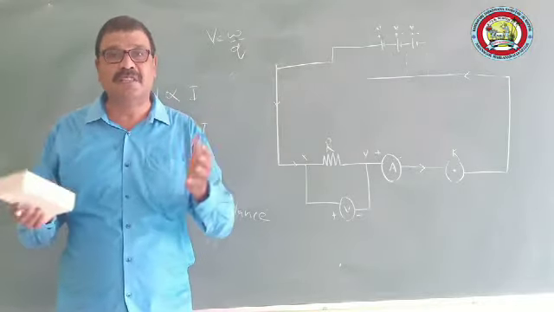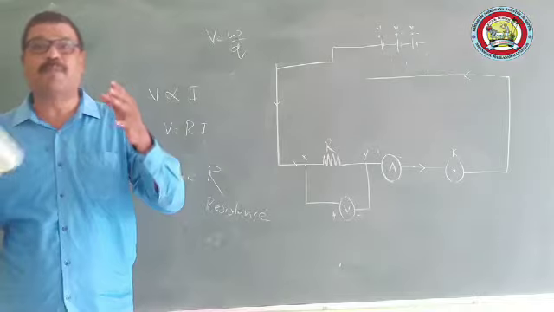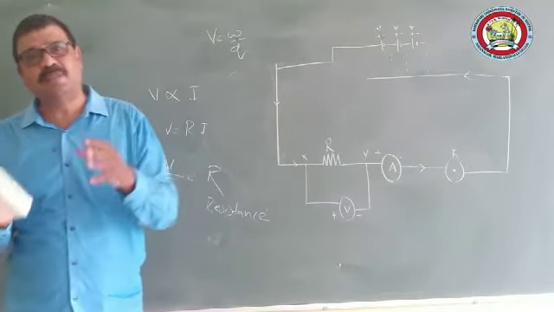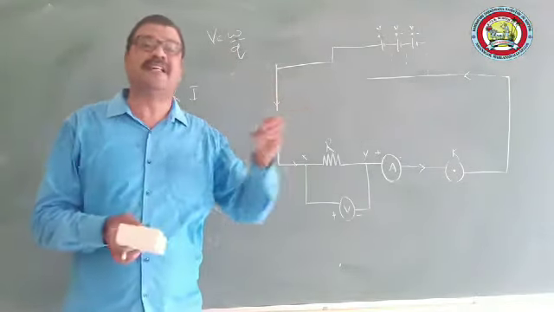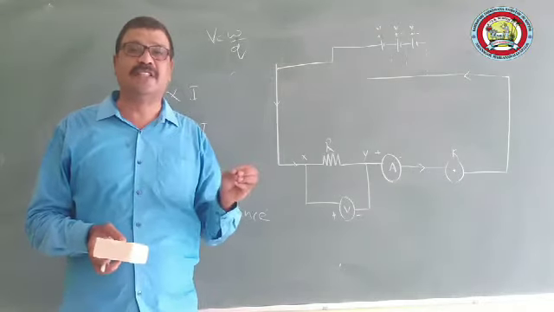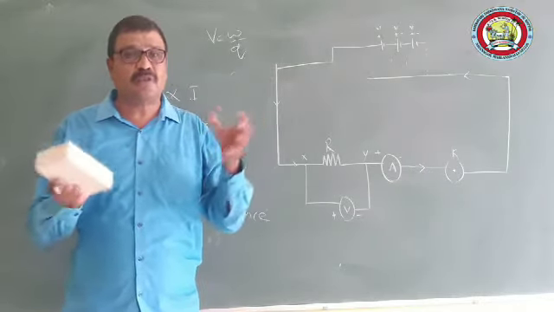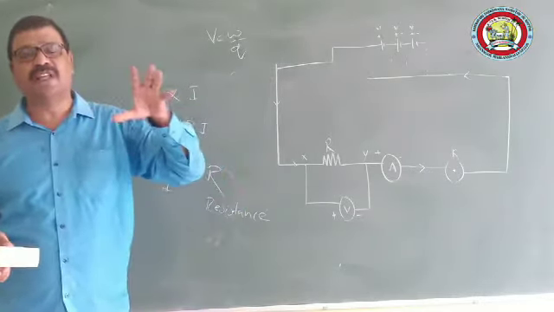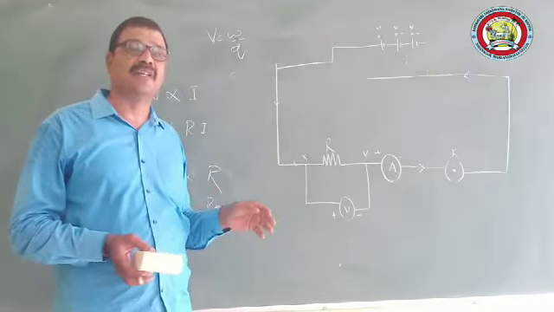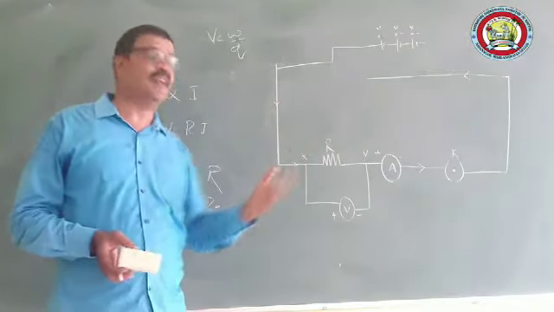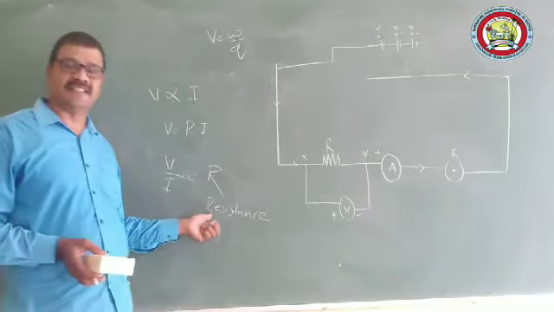So there will be collisions between the electrons and the positive ions. There will also be collisions between the electrons and the impurities, if they are present in the conductor. Due to these collisions, there will be a hindrance to the flow of electrons. That hindrance, or that resisting of the flow of electrons, is called resistance.